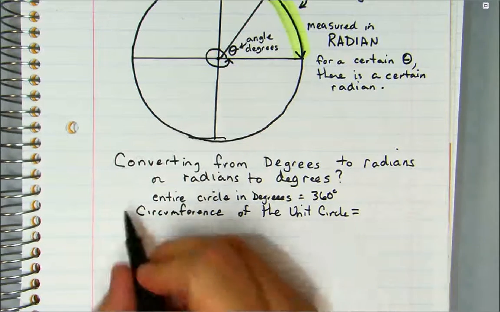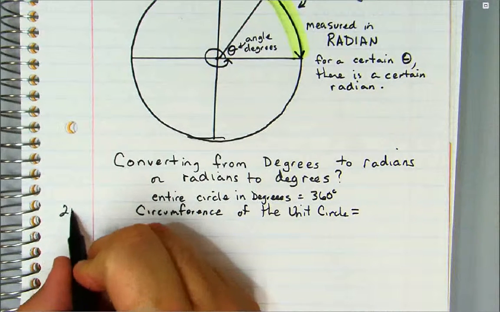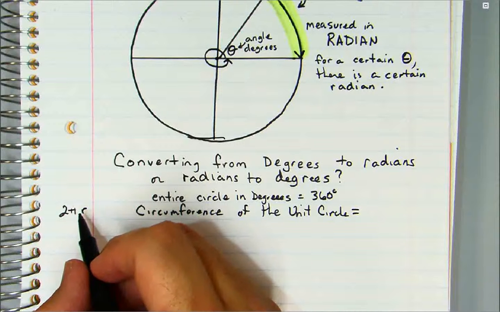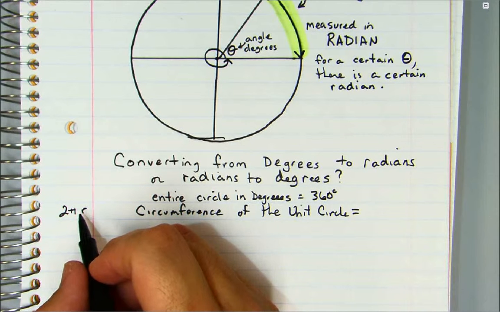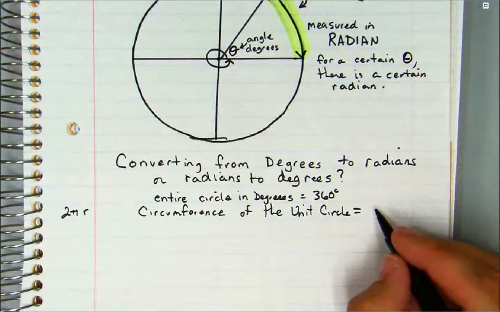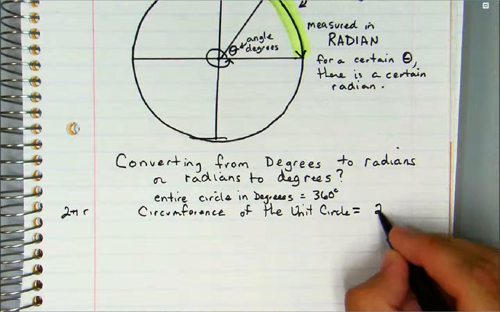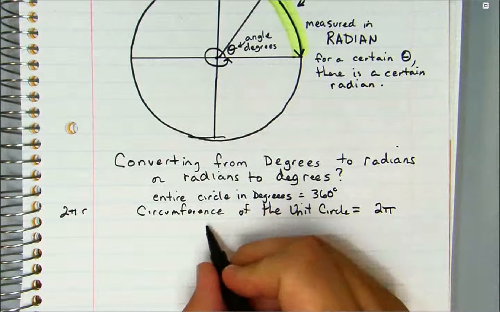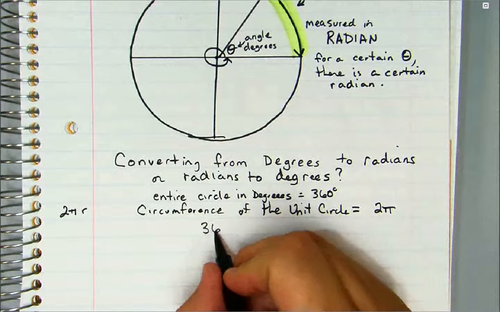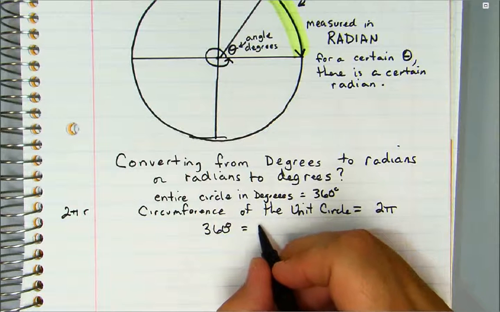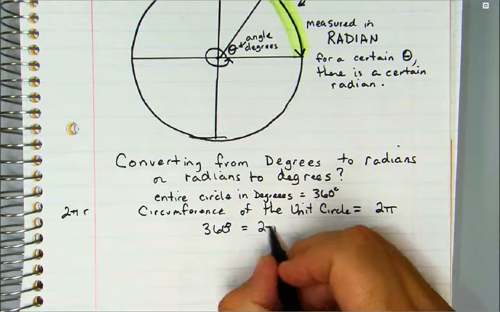Alright, so if the formula is 2 pi r, what's my r in the unit circle? What's the radius of the unit circle? 1. So it's 2 times pi times 1. So what's 2 times pi times 1? 2 pi. So for the unit circle, 360 degrees corresponds to how many pi's? 2 pi's.